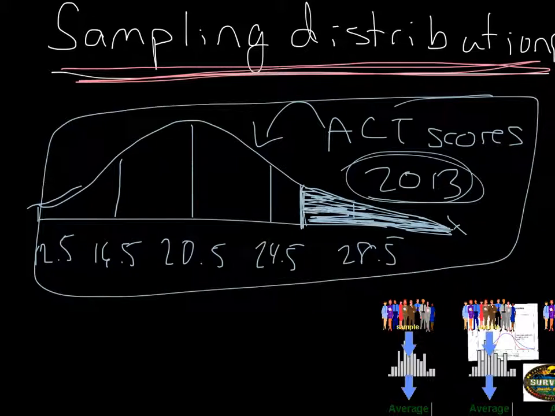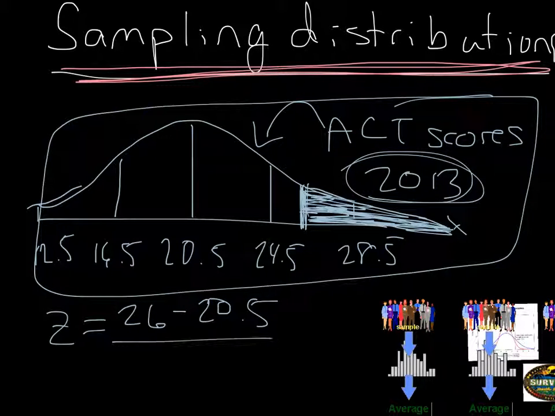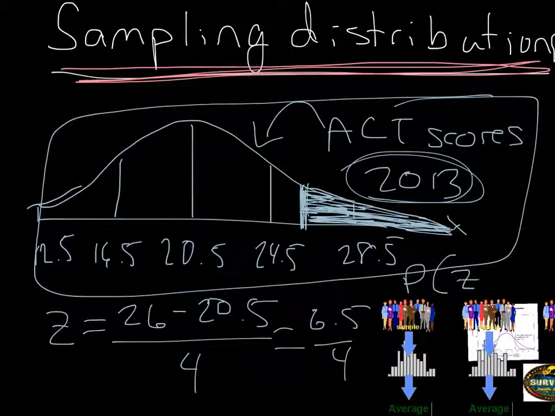That was simple enough. It would help to get the z-score: z is 26 minus 20.5 over 4, which is 6.5 over 4, and then you would find the probability of getting that z or more.